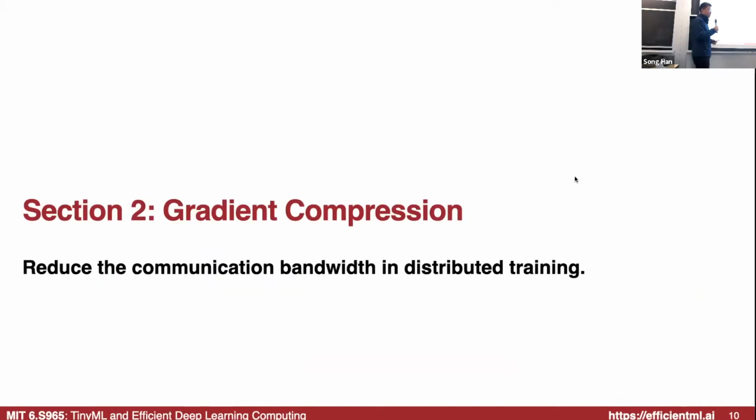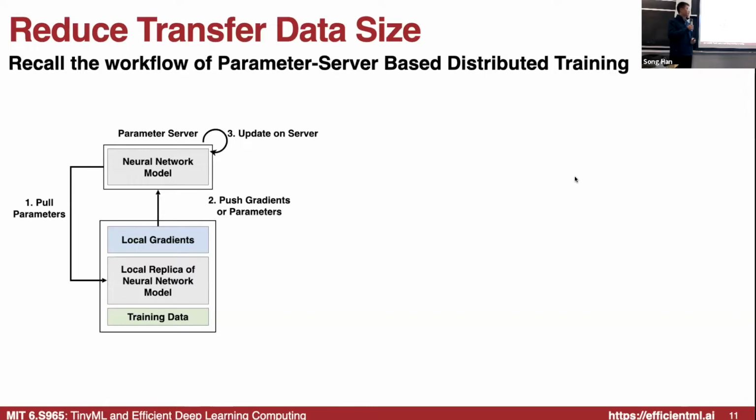Okay, so given that kind of motivation, let's start to talk about gradient compression techniques to reduce the communication bandwidth in distributed training. So we recall this workflow for parameter server-based distributed training, where we have a parameter server, and different workers pull the parameters, do the local calculation of the local gradient, and then push the gradients to the parameter server.